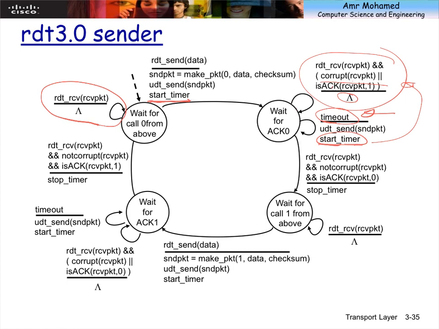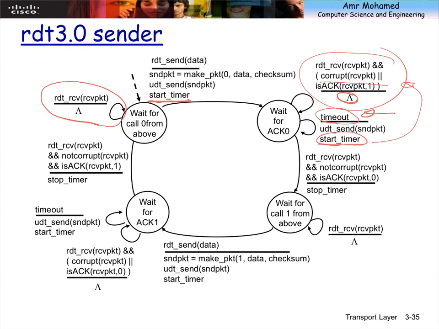But there is a possibility that what you received is an acknowledgement for the previous packet. This tells me that you did not receive my current packet correctly. What is the point of waiting until a timeout? So if you put retransmit or RDT send here, that's correct. Of course, there is a possibility that this will be a duplicate packet, but the receiver will handle it. We know that.